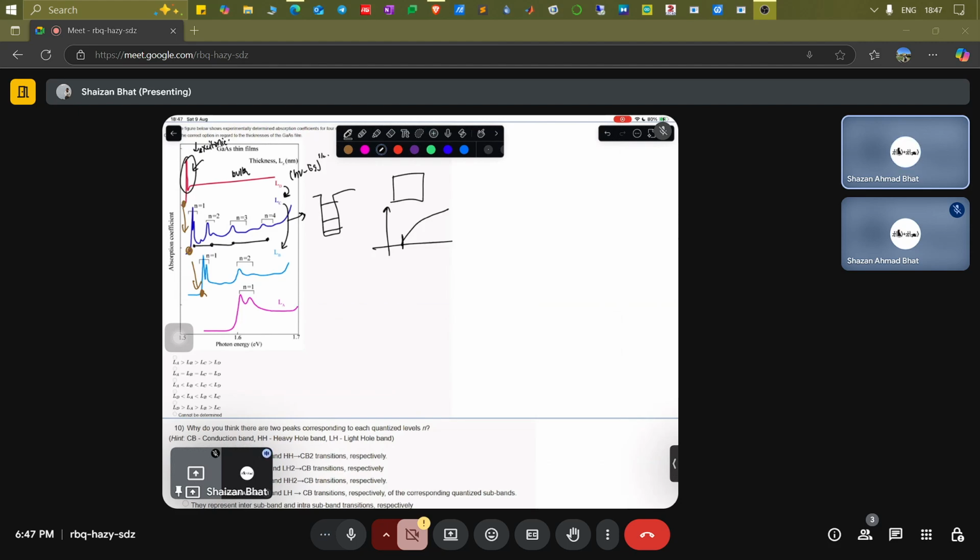If you confine it in a well, your energy will be shifted. Let's say if you lower this system's dimension, for example to a quantum well, now you have the absorption at this particular value, which is shifted.